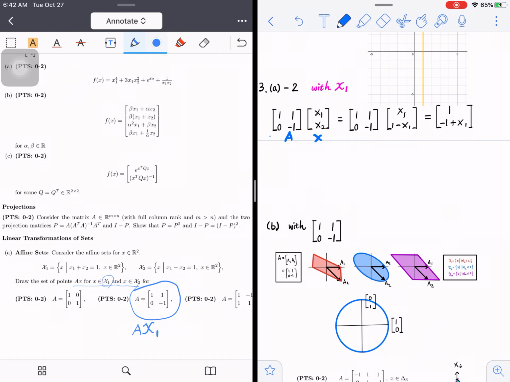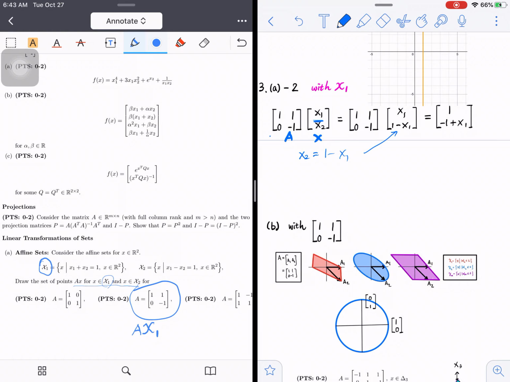And then the second step is that because we want to plot this, if I fix x1, what is x2? The x2 is actually equal to 1 minus x1. So in this problem, if you multiply Ax, then you get this.